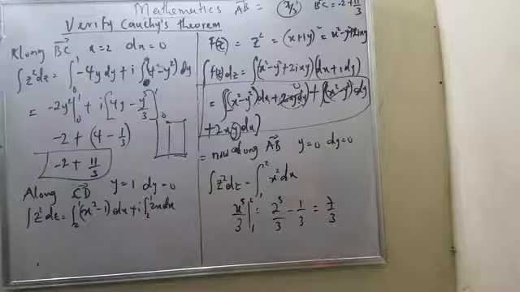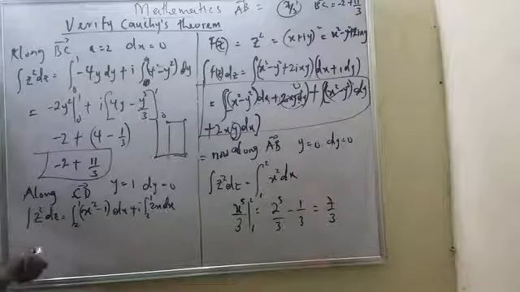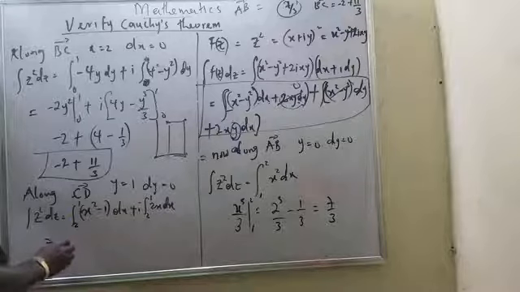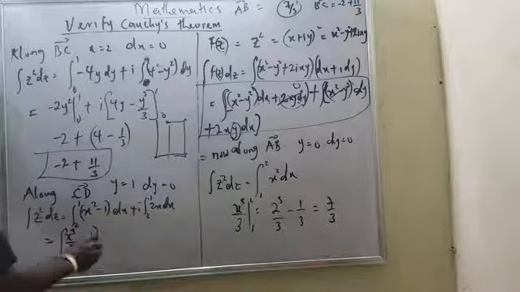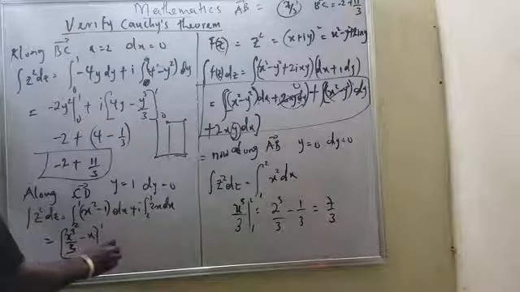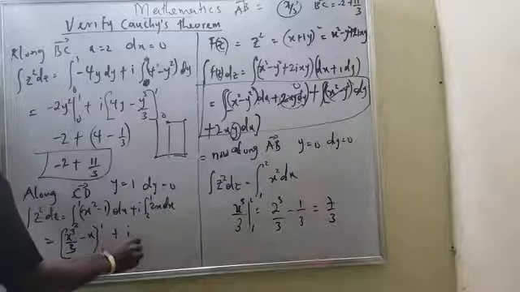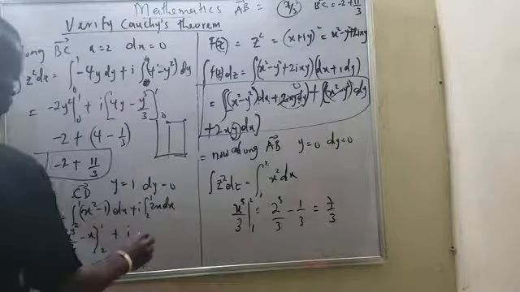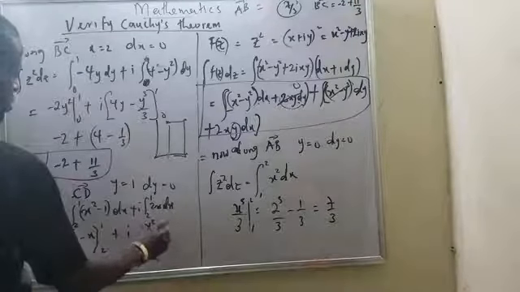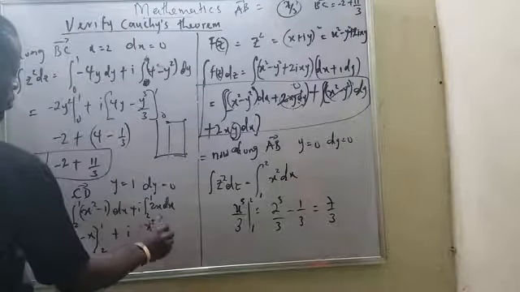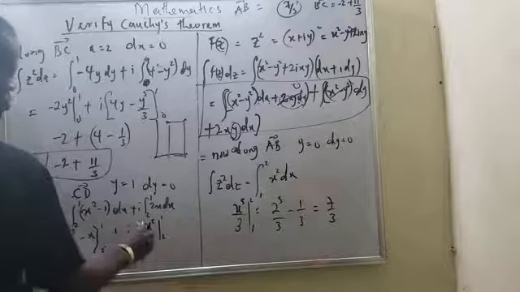Now, since I have it this way, I can now integrate normally, which I will have x to the power 3 all over 3 minus x, from 1 to 2, plus i into bracket of x squared, bracket of 1 to 2.